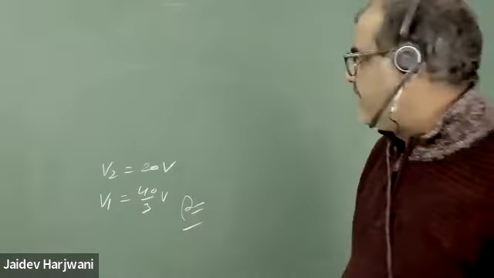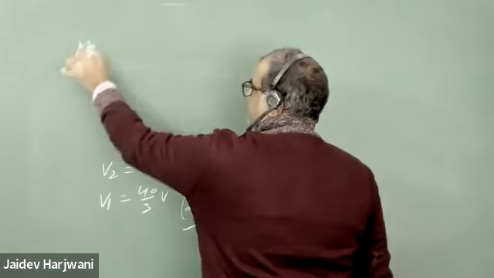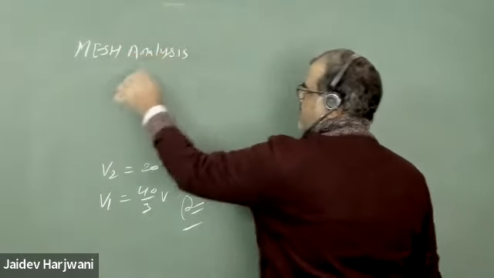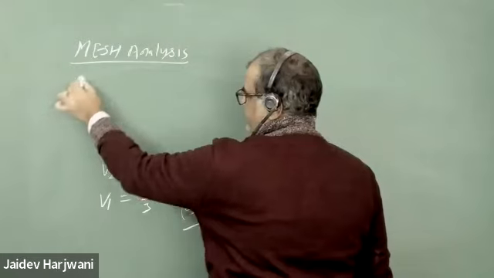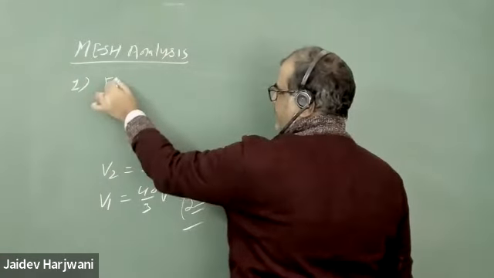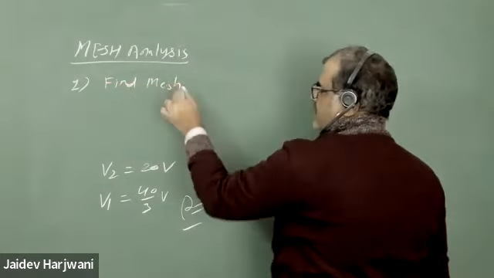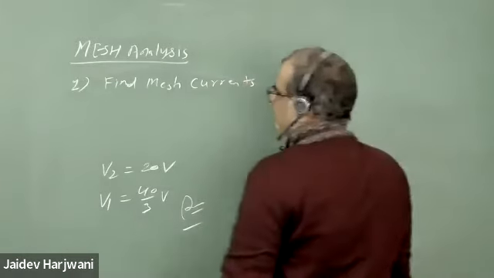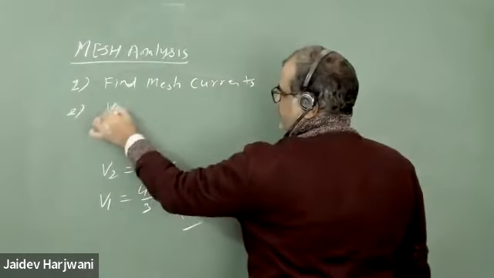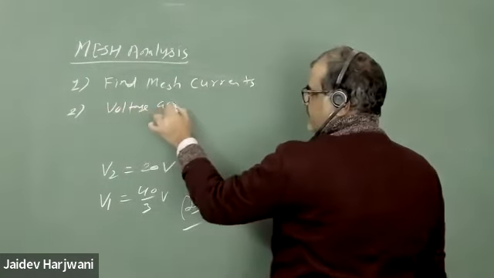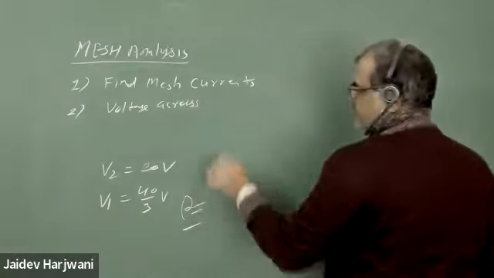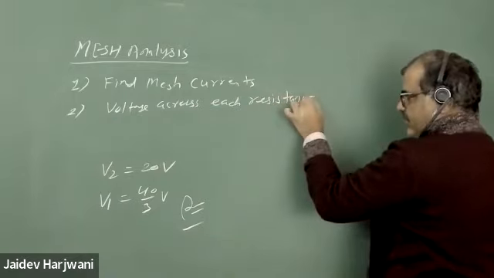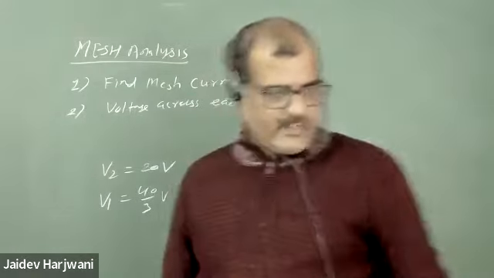Now the next technique is your mesh analysis. So in mesh analysis, what do we do? We find mesh currents. And then once we know the mesh currents, we can find the voltages across each resistance, wherever it is asked.